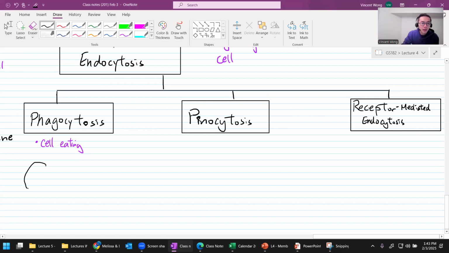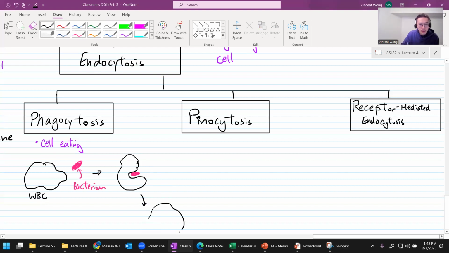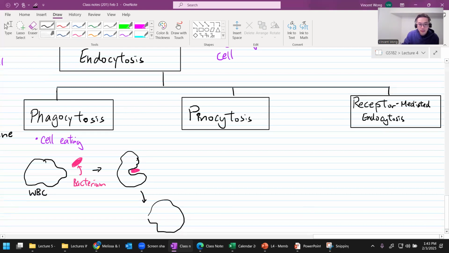So for example, if you have some kind of white blood cell here, and then there is a bacterium, then the white blood cell is going to surround its cells around the bacterium, and then this part and this part is gonna close, and then it will trap the bacterium, and then it eats it.